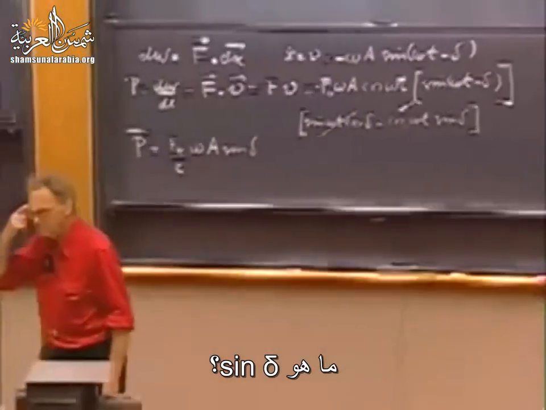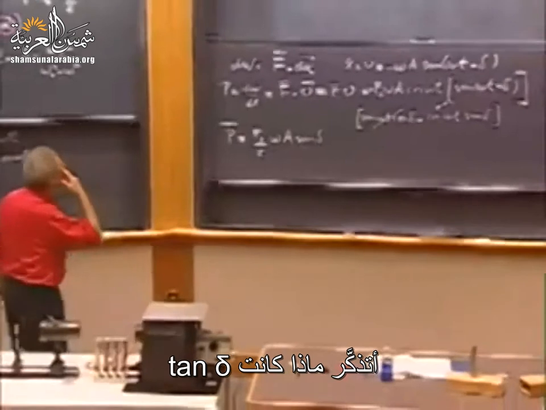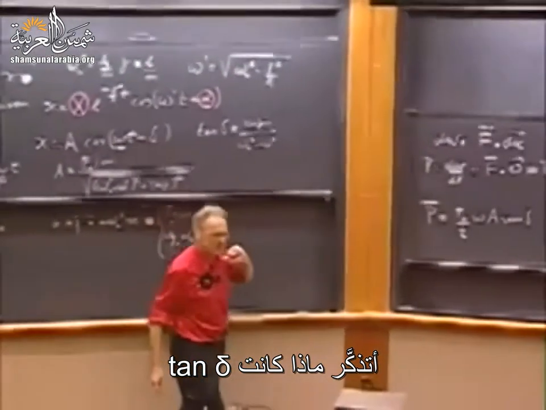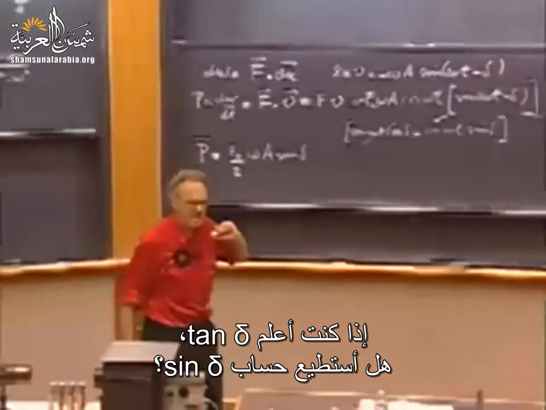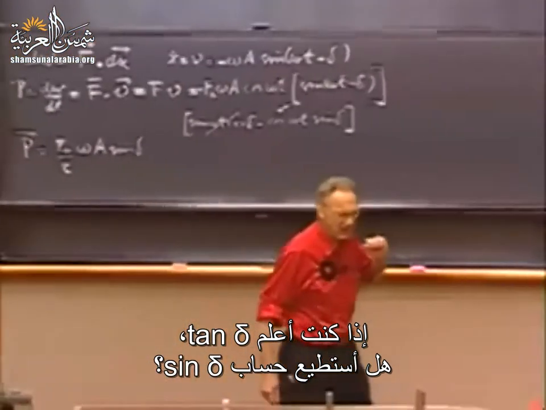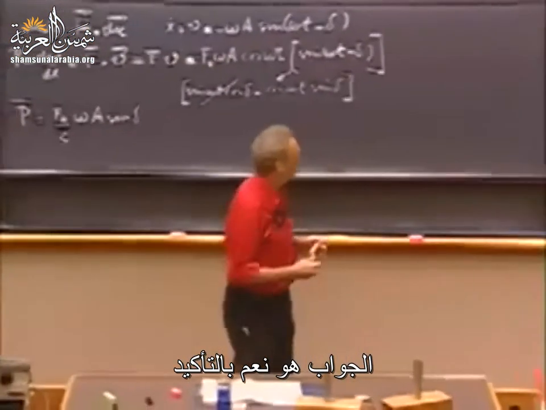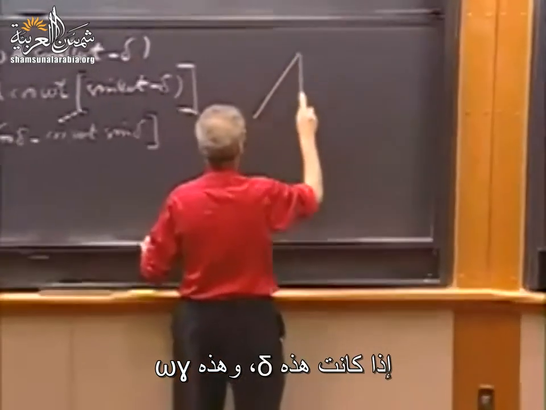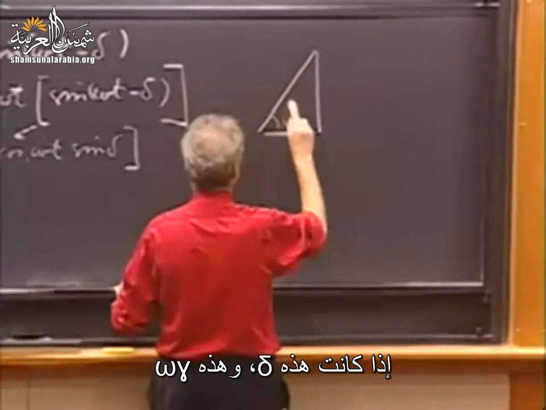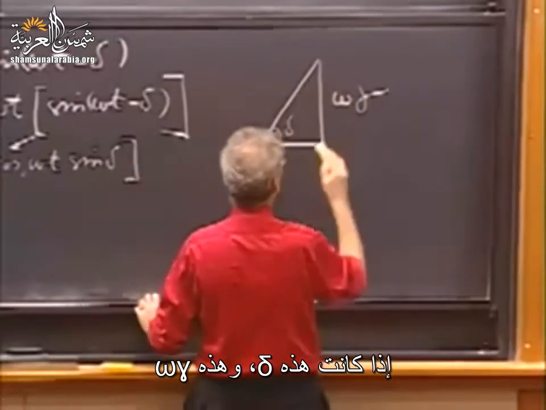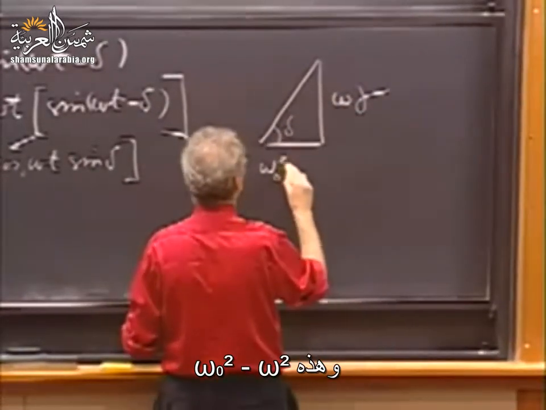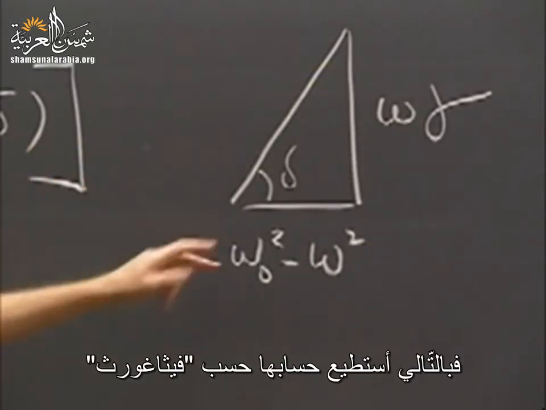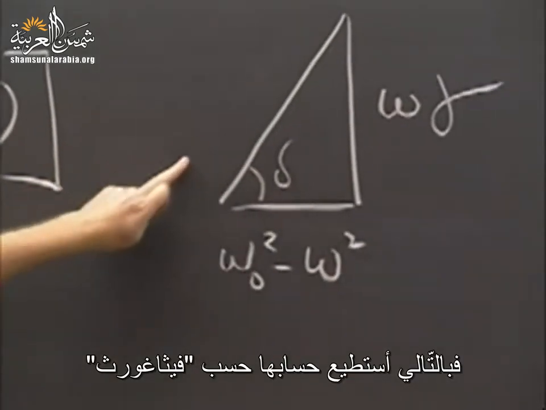What is sine delta? Well, I remember what tangent delta is. But if I know tangent delta, can I then calculate sine delta? And the answer is yes, of course. If this is delta, and if this is omega gamma, and this is omega 0 squared minus omega squared, then it only takes Pythagoras to calculate what this is.